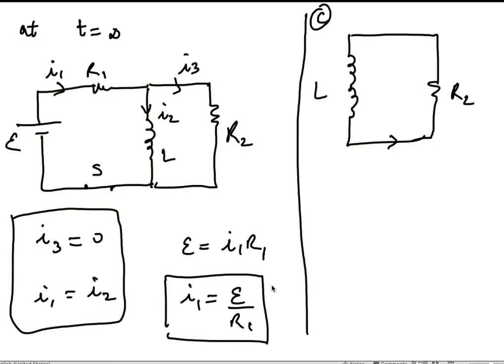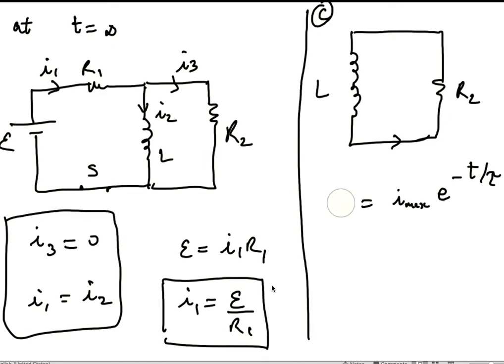The current in the circuit falls off exponentially, so we'll just call it I max times e to the power of minus t by tau. I max really was the maximum current, the steady state value before you open the switch. So it was I2, which is E over R1.